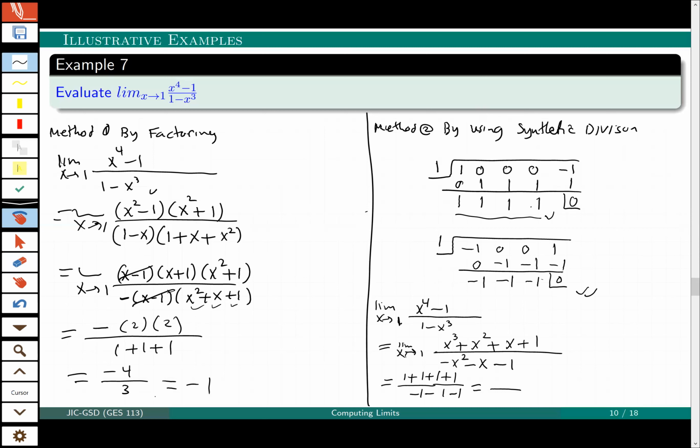So that's over 3, minus 4 over 3. So here we will have 4 over minus 3, which is minus 4 over 3 as well. We made a mistake here when replacing x is 1, so it will be 1 plus 1 plus 1, which is 3. Here we have 1 plus 1, which is 2, and 1 plus 1 is 2. We will stop here, and we will continue the second part in a few seconds to avoid a lengthy lecture.